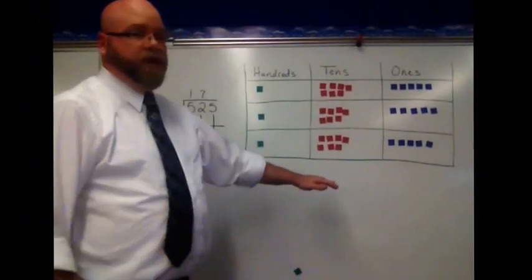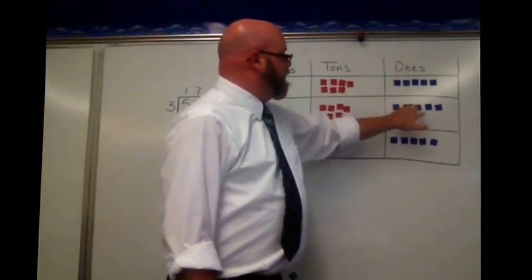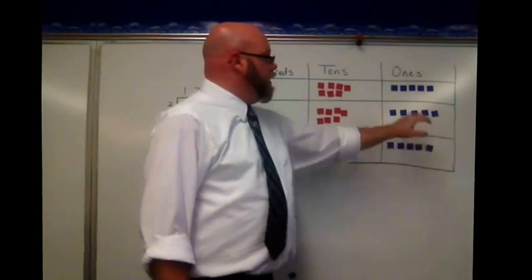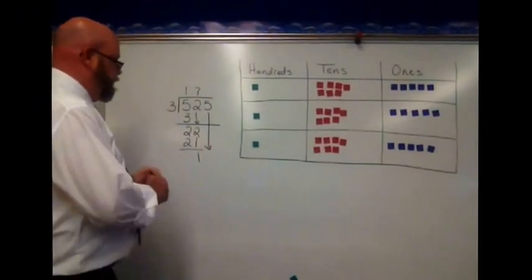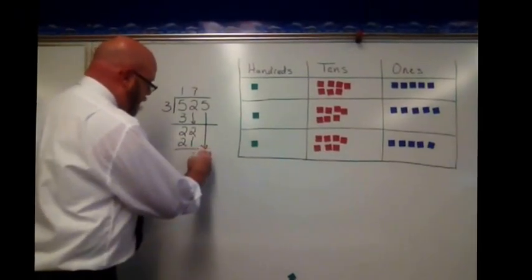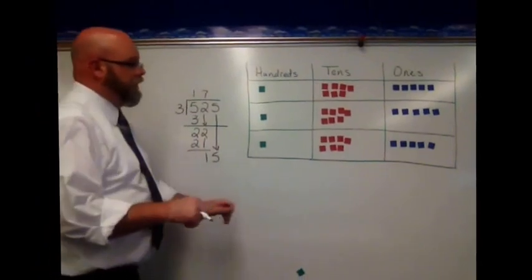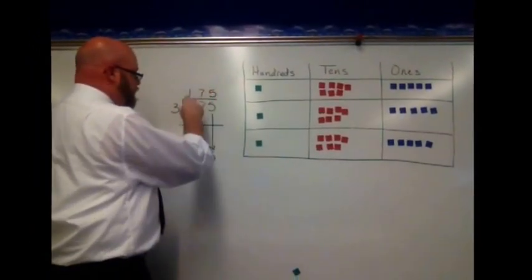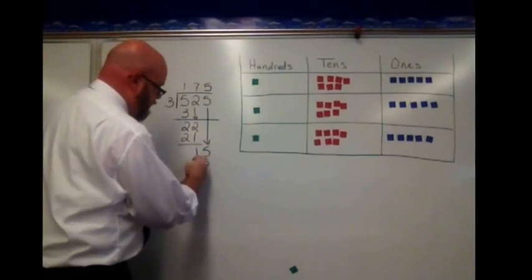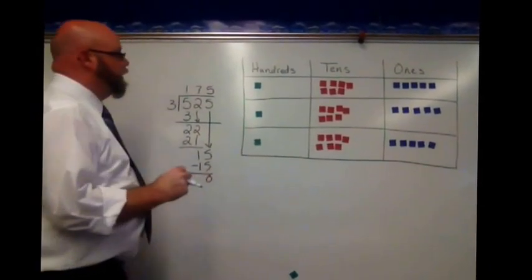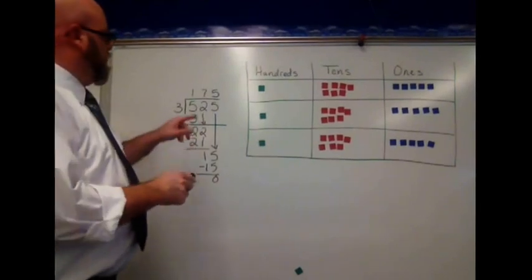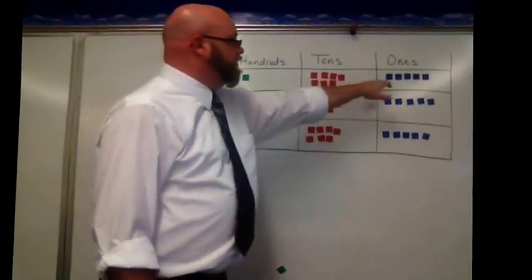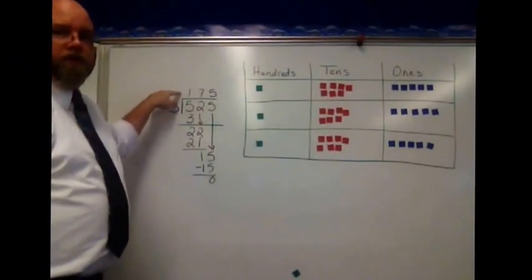So that 1 ten now gives me the 5 ones I started with, plus 10 more ones, making 15 ones. 3 will go in each one of those 3 groups. There are 5 ones. When I look, 525 divided by 3 is 1 hundred, 7 tens, 5 ones, or 175.